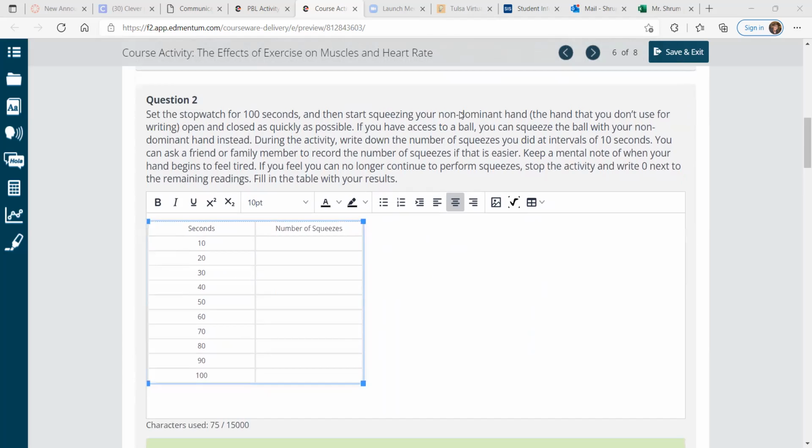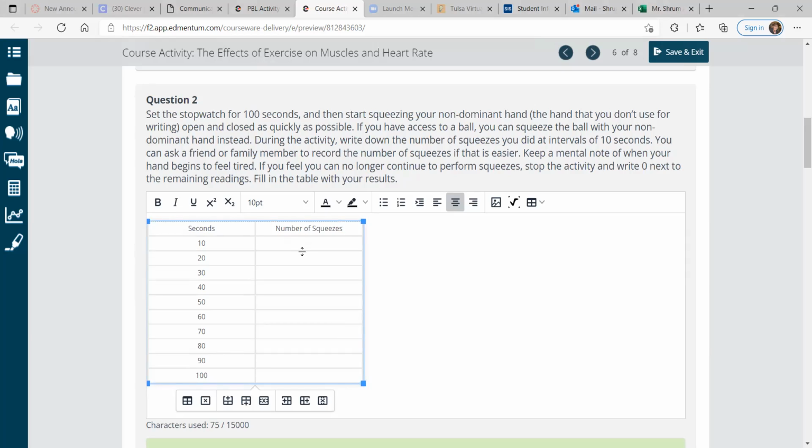Question 2 is the actual data collection phase. We have this table here, and for 100 seconds, you're measuring how many times you squeeze the ball within those 10-second intervals. So during the first 10 seconds, you're measuring how many times you can squeeze it.